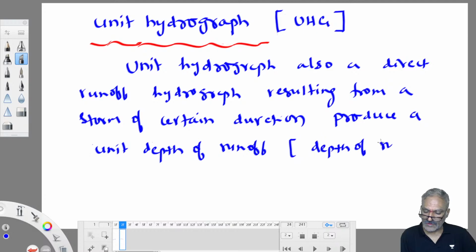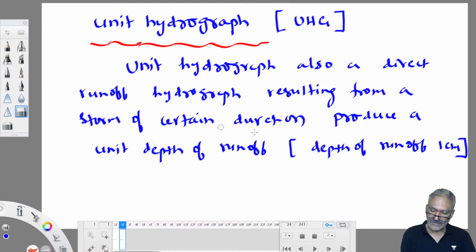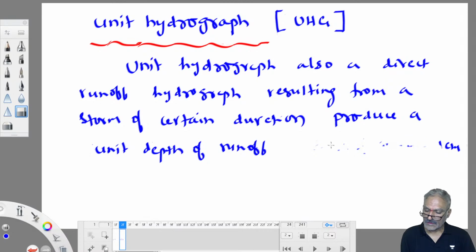Depth of runoff is equal to 1 centimeter. Okay, let me correct it. That is 1 centimeter runoff, uniformly over the entire catchment.